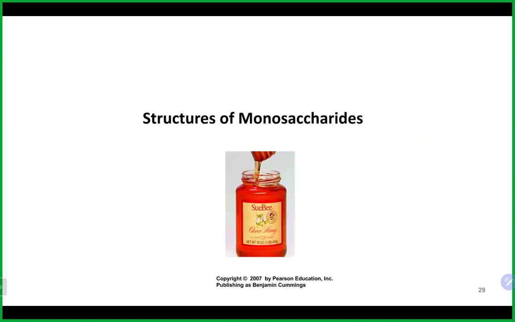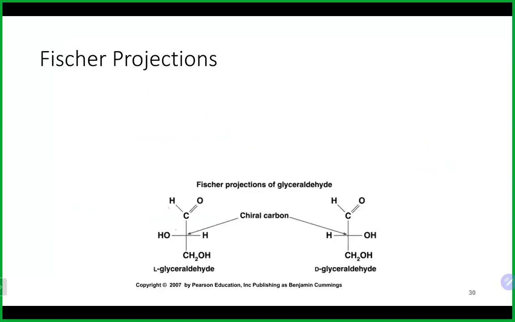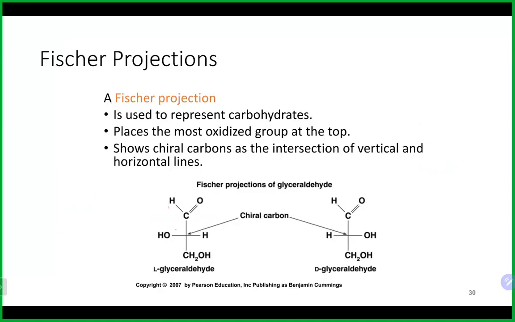Let's talk a little bit about the structures of some of these monosaccharides. As I mentioned before, when we draw these, we typically put the most oxidized group towards the top. And again, that usually gets our smallest number in terms of our carbons. We oftentimes show our chirocarbons as an intersection of lines.